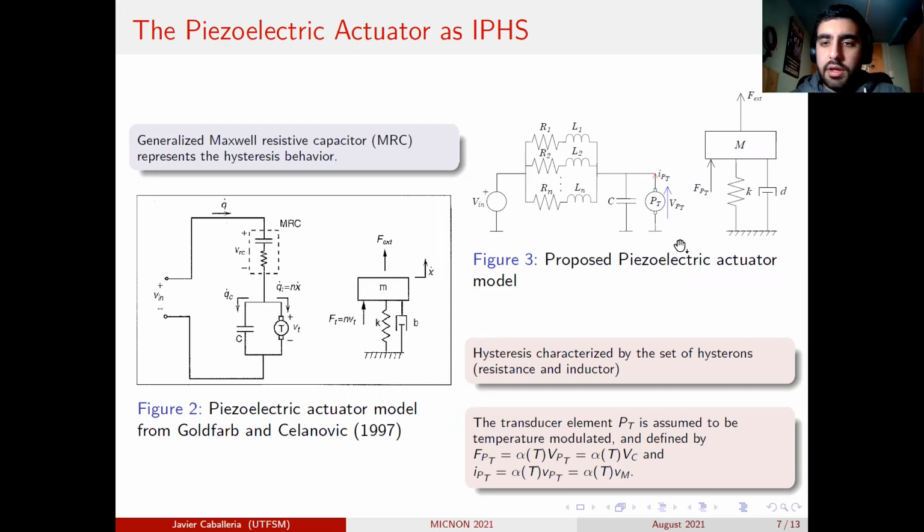And the other modification is that we're going to assume that the coupling element, the transducer element G, is temperature modulated. Down here, you can see the constitutive laws, where alpha is the electrical mechanical transducer ratio, which is a function of the temperature.